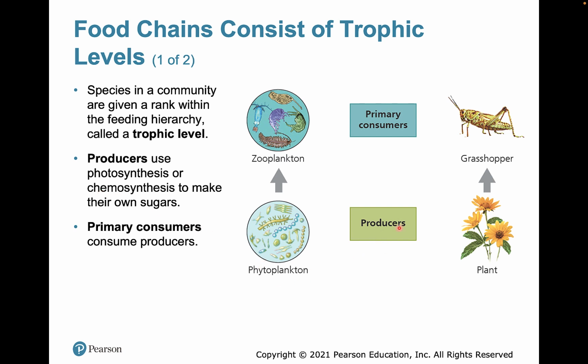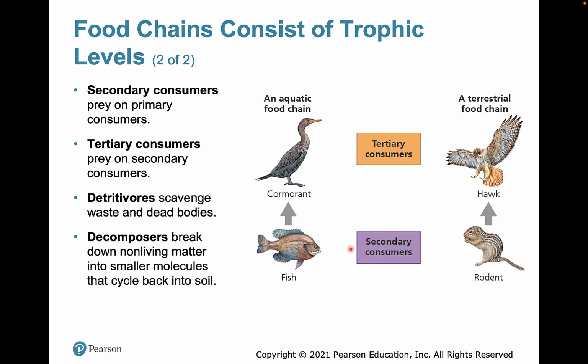All right, producers are consumed by primary consumers. They're the first level consumers. In this aquatic ecosystem, there are zooplankton. In the terrestrial ecosystem that we're going to talk about, it's a grasshopper. Okay, so primary are the first level consumers. Primary consumers get consumed by secondary consumers.